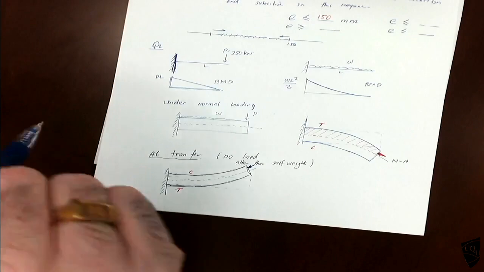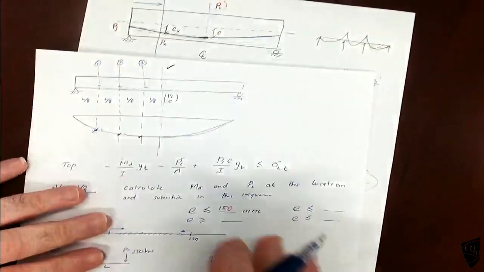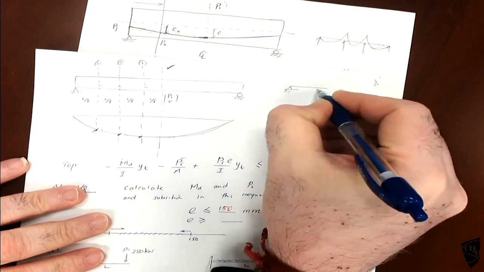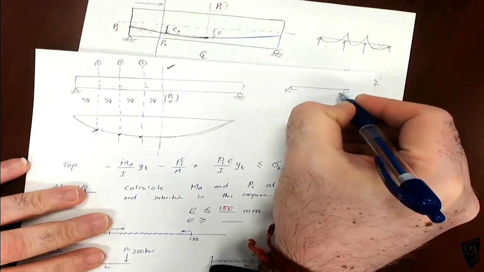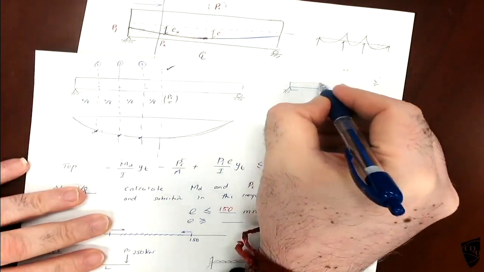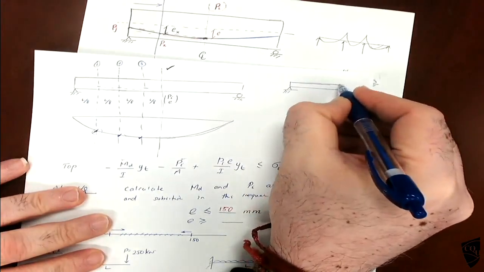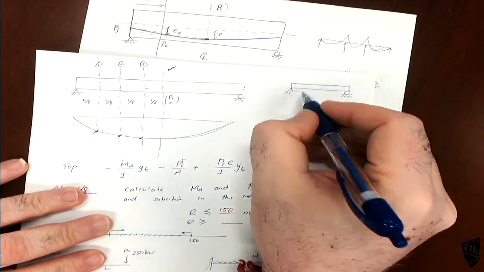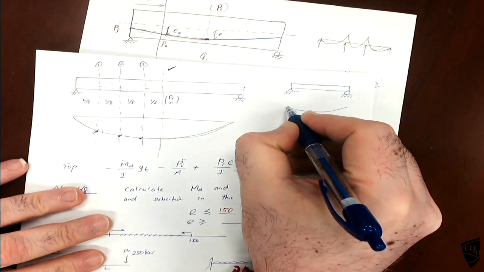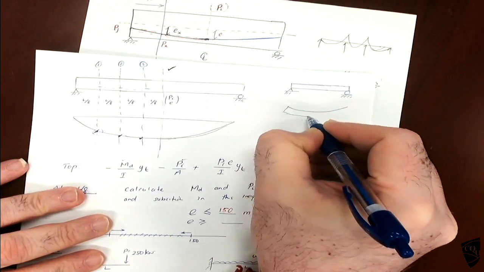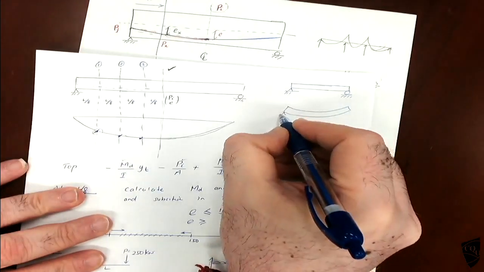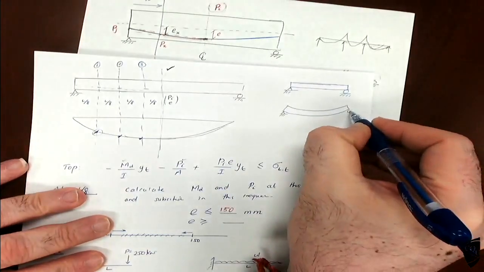You need to understand, earlier I used a simply supported beam. Under the normal service load, it will bend like this.